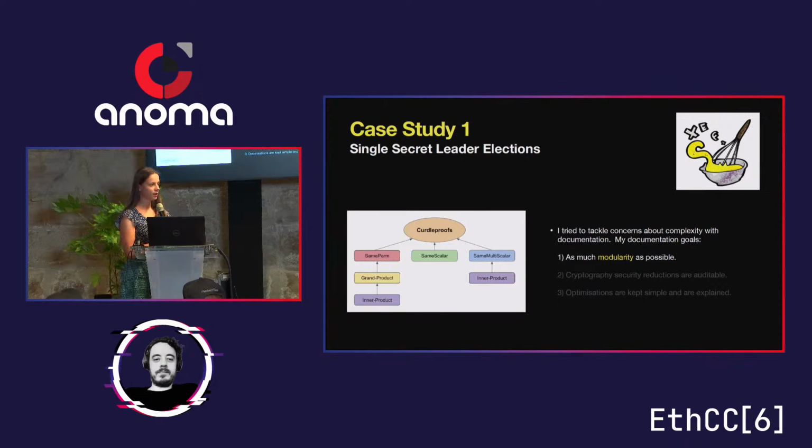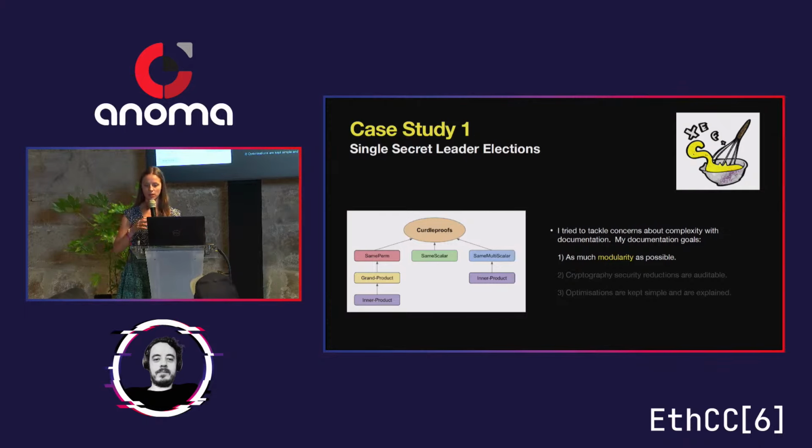Probably the biggest one is as much modularity as possible. I wanted it to not only be the case that you can just plug in this zero-knowledge proof and it doesn't affect the other parts of the system, but I also wanted the algorithms used within the zero-knowledge proof itself to be very much plug and play.